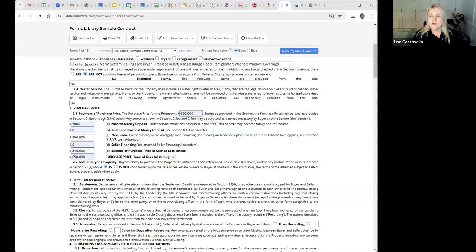This is a new paragraph that was added just a few years ago because what buyers agents were doing to try to get around it is putting the financing and appraisal addendum deadline as get their money back if their home doesn't sell in that amount of time, which is not fair to a seller who is deciding between multiple offers.